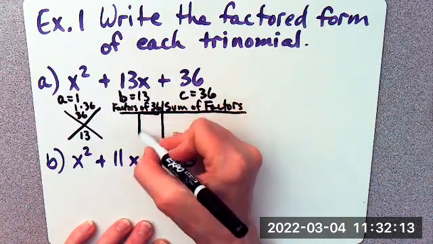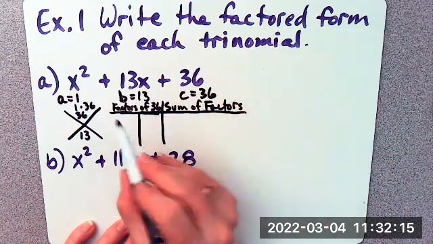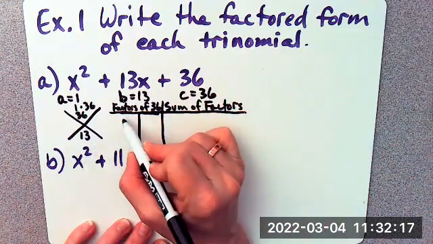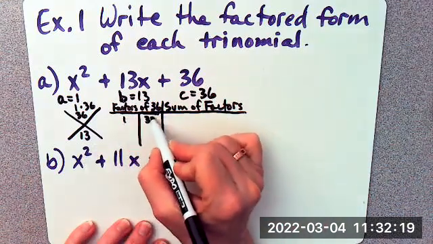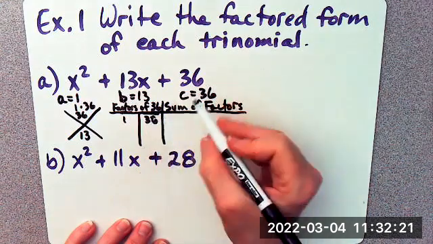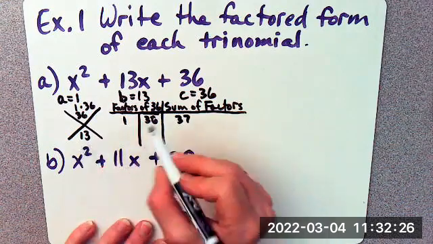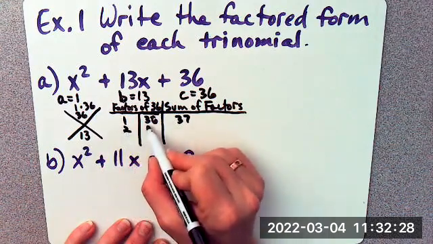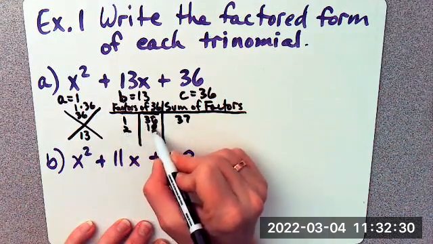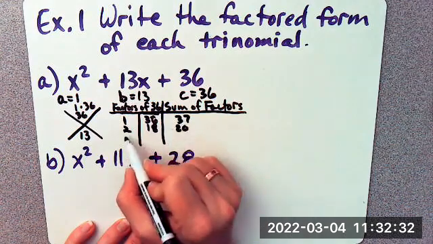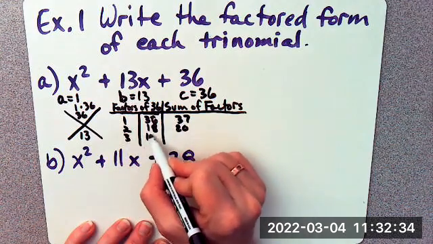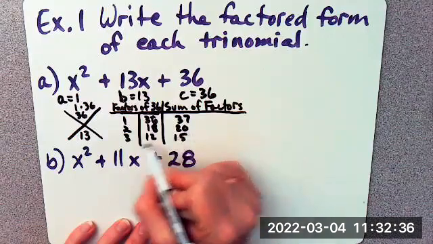All right, so the factors of 36, we have 1 and 36, and its sum is 37. So that's definitely not 13. Then we have 2 times 18, and its sum is 20. 3 times 12, and its sum is 15.